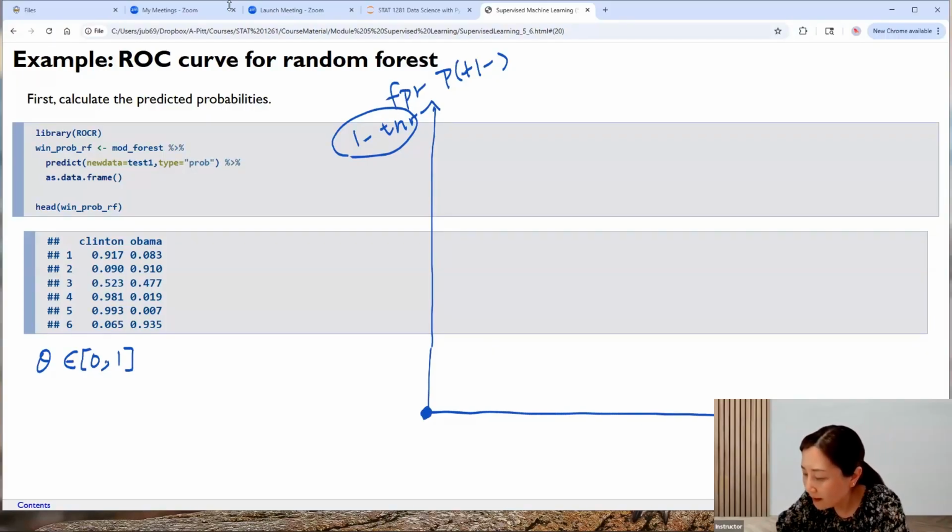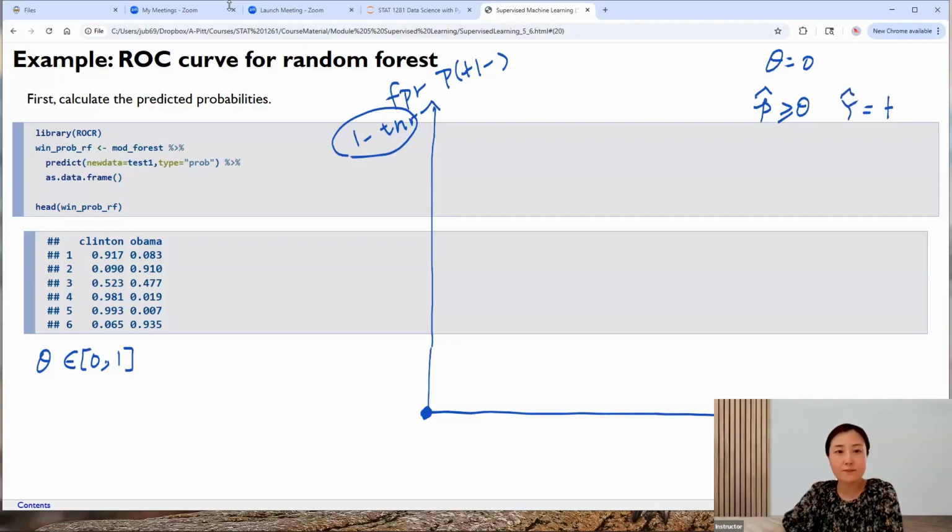When theta is equal to 0, that means given any new observation, you will always predict positive, because the predicted probability p hat is always greater than or equal to theta. So your y hat is always positive, no matter what the feature variable values are.